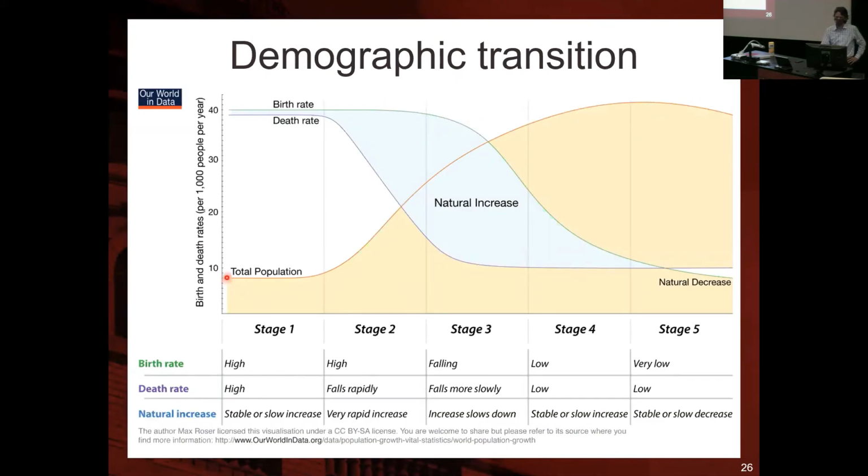I think it's interesting to see this pattern of population increasing a lot exactly in the moment that mortality declines and fertility is too high, and then afterwards becoming more stable and the population might decline. It summarizes here the levels of birth rates, death rates, and natural increase on these 5 stages.